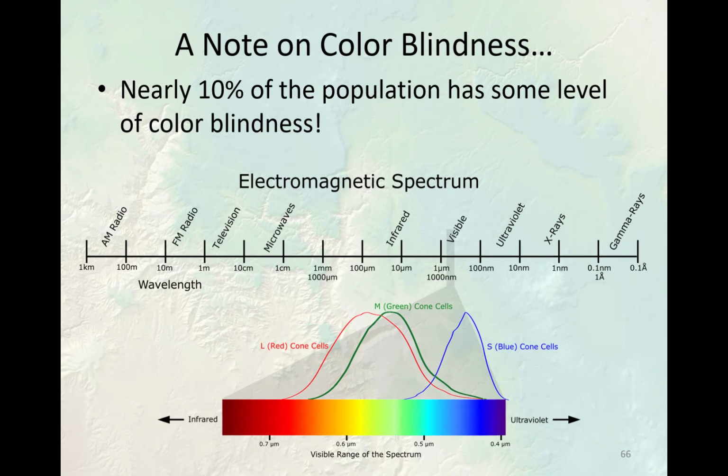Therefore, their brain is basically working with two wavelengths or just a single wavelength. If the brain only has one wavelength to work from, then that person is seeing in black and white. And if the brain can only perceive two frequencies, then the problem is just that they can't resolve certain colors. Most people with color blindness have the L and M cells too close to each other and therefore have difficulty distinguishing between red and green.